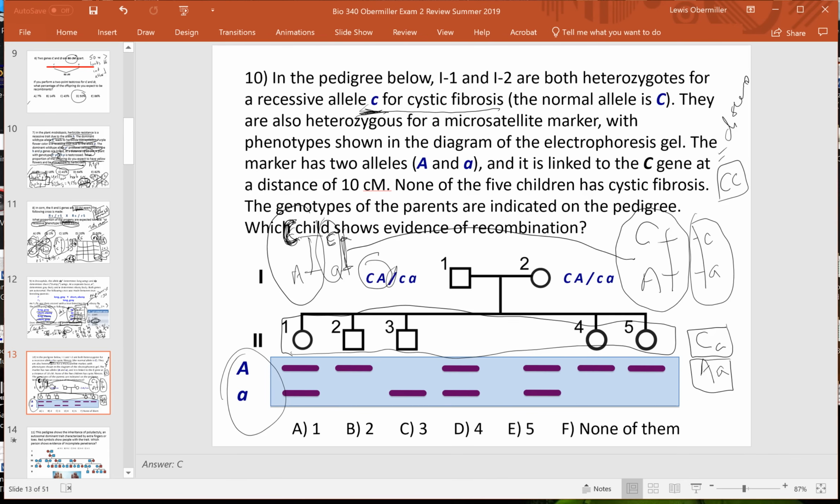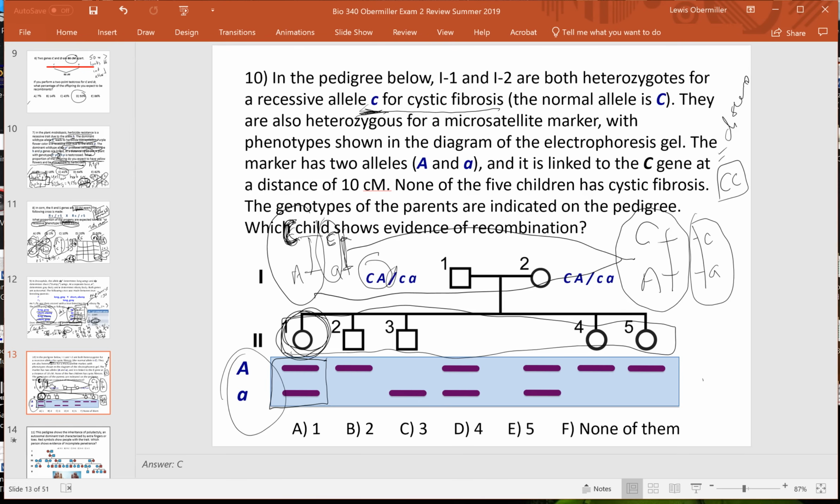Oh, sorry. Big A, little a, and not have cystic fibrosis. So big A, little a, right there for the markers. No cystic fibrosis because it shows it there. All right. So that would be this offspring, that cross. This fertilizes this egg.